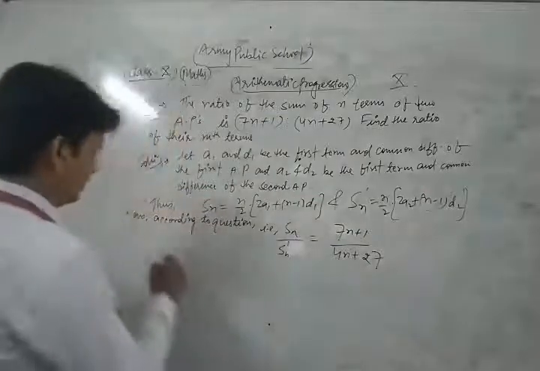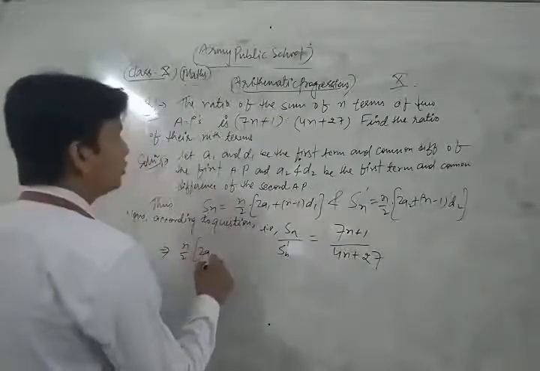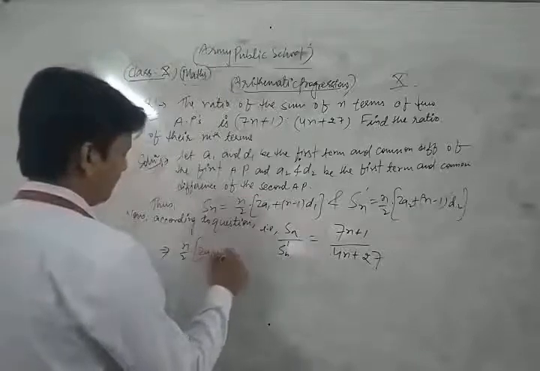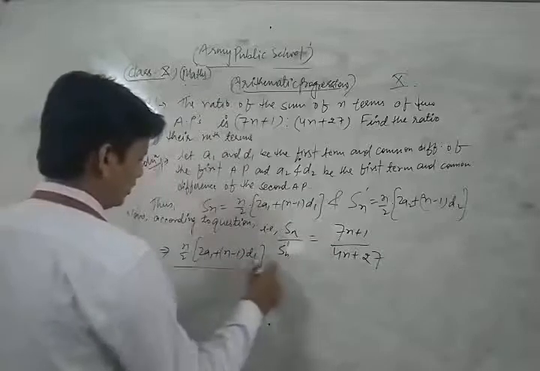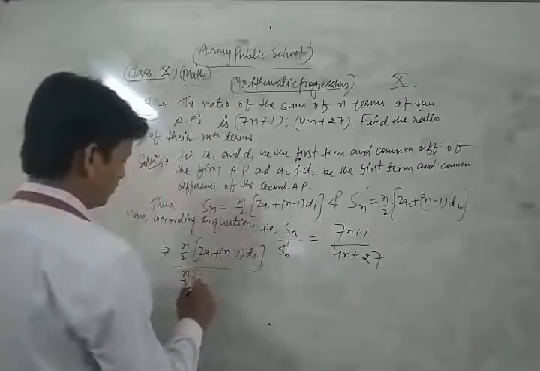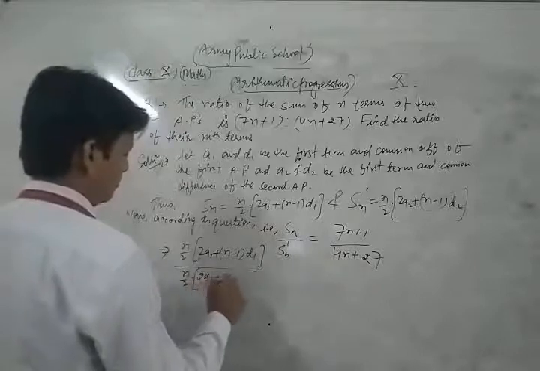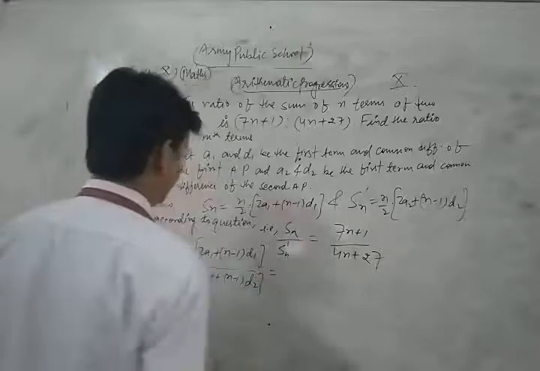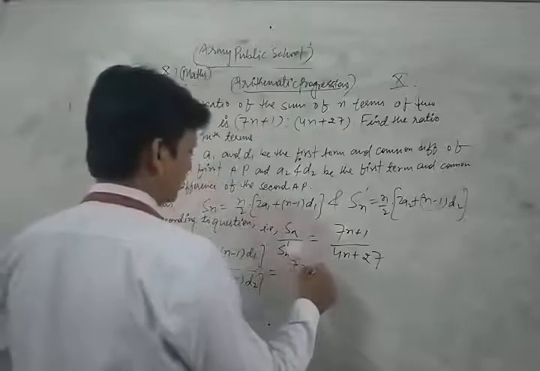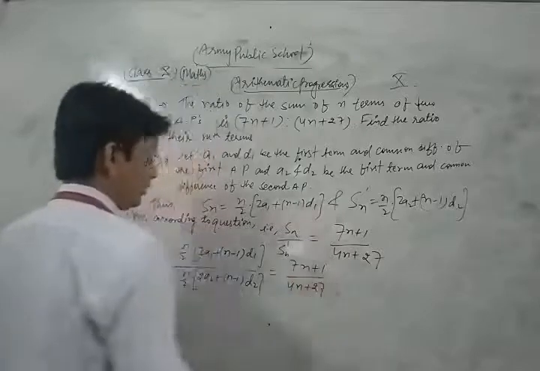Okay, thus Sn upon Sn dash is equal to n by 2 in bracket 2a1 plus n minus 1 into d1 upon n by 2 in bracket 2a2 plus n minus 1 into d2, which is equal to 7n plus 1 upon 4n plus 27.